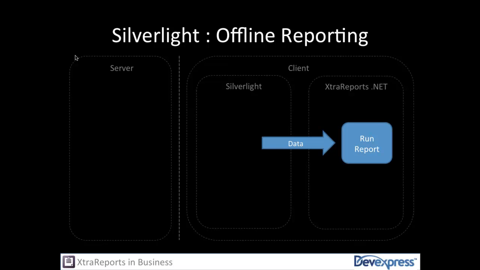The Silverlight application is a trusted out-of-browser application, so it can run COM. It can take the objects it's working in, and my demo was a Northwind order, so I could open an order, type some stuff in, and serialize that order to JSON.